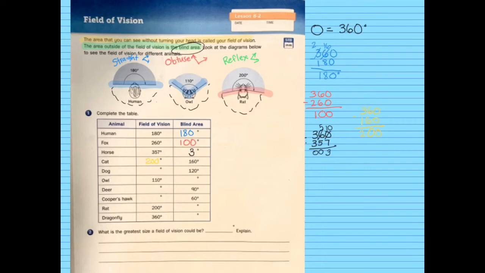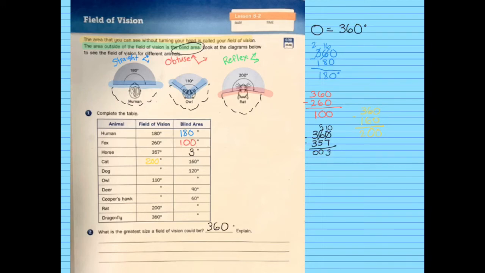So if you know that the only things you can see is what's all around you, front and back, that makes a full circle. So the answer for number 2 would be 360 degrees.